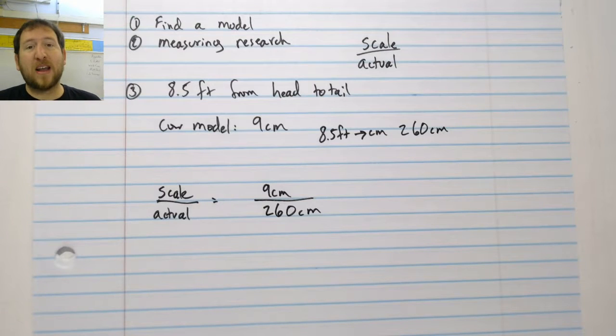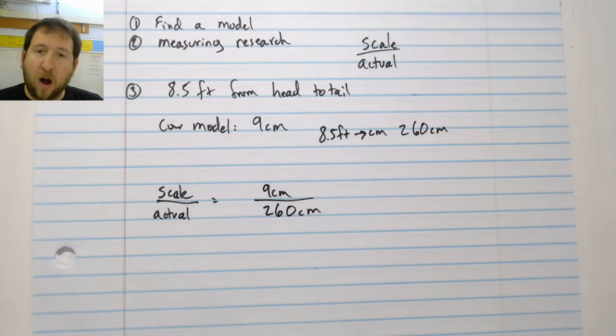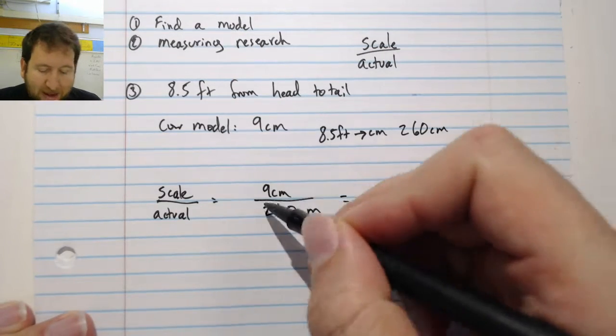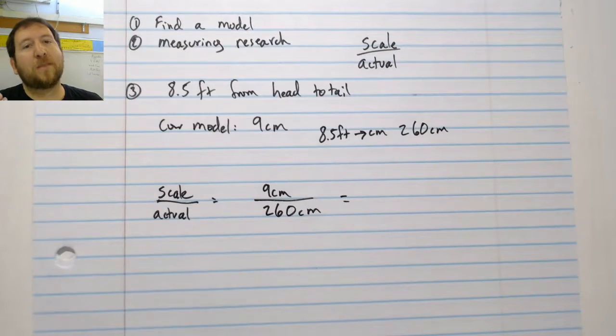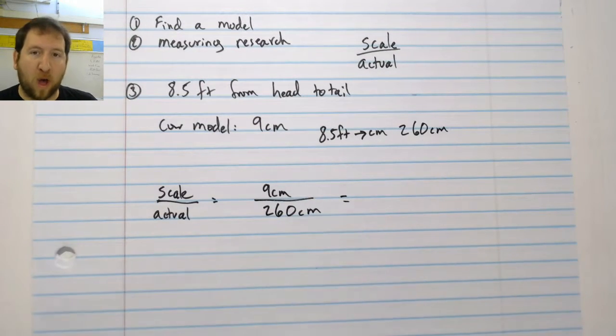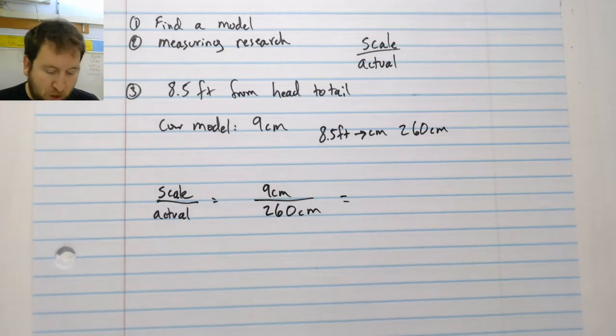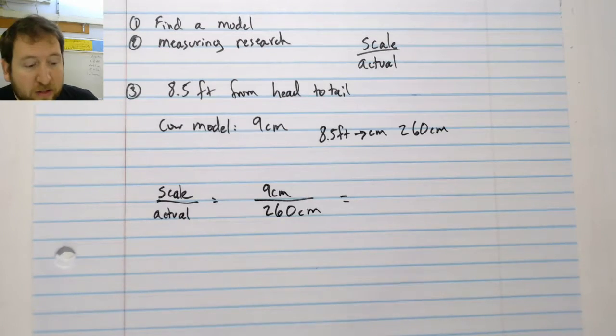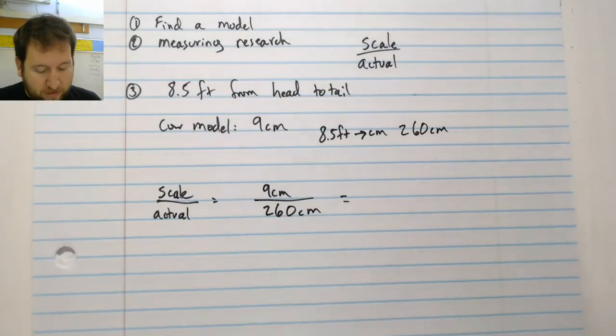To find the scale that these are related to each other, all I have to do is turn it into a scale, because currently it is in a proportion, but it's not in a unit proportion. So I want to make one of these 1, and typically when we do our scales, the top number is going to be our 1, because our scale is going to be smaller, unless our scale is going to be bigger, which does happen sometimes.